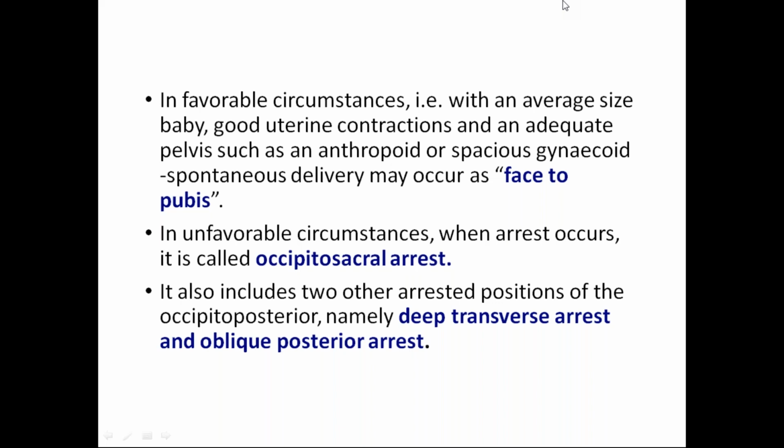It also includes two other arrested occiput posterior positions, namely deep transverse arrest and oblique posterior arrest. So: direct occiput posterior arrest, deep transverse arrest, and oblique posterior arrest. These are the things possible in abnormal delivery or unfavorable conditions.